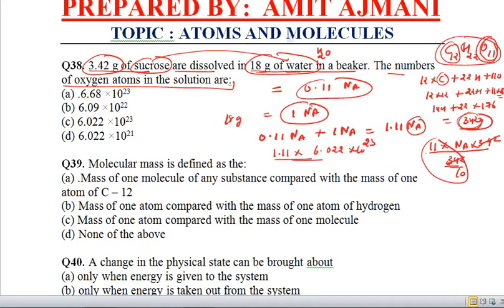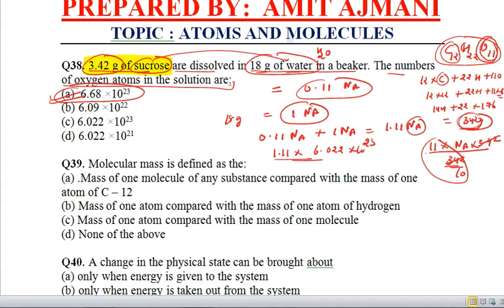We'll get the answer to be 6.68 into 10 to the power 23. So A will be our right answer, but you need to relate how we did it. I repeat, first of all, we will try to calculate that as per sucrose, how many number of moles of oxygen will be present.